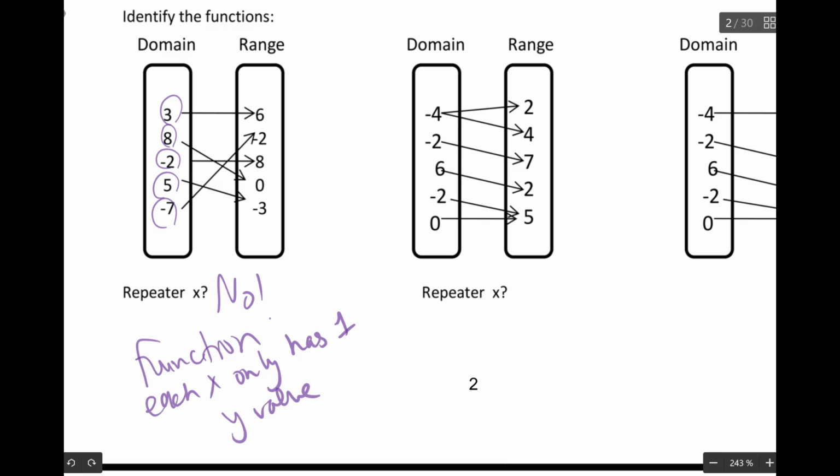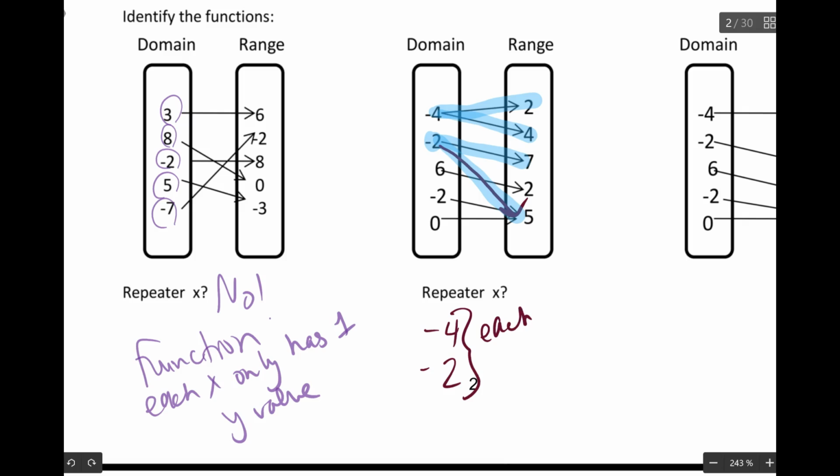Alright, next one. So let's check it out. So this -4 has 2 y values. Also -2 has 2 values. So it should look like this for 2 y values, because this is also -2. So we have 2 things that are repeating. So -4 and -2 are repeating, right?